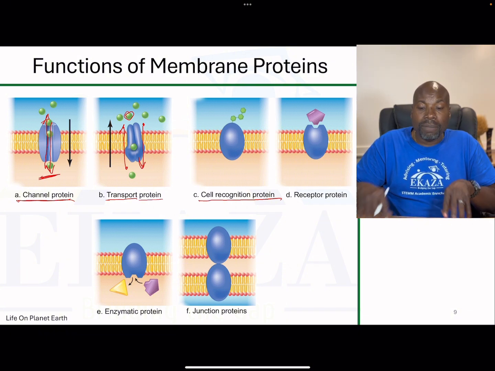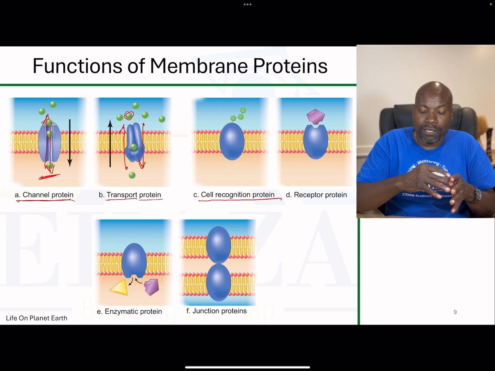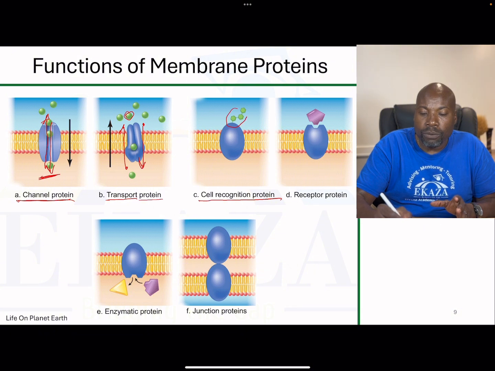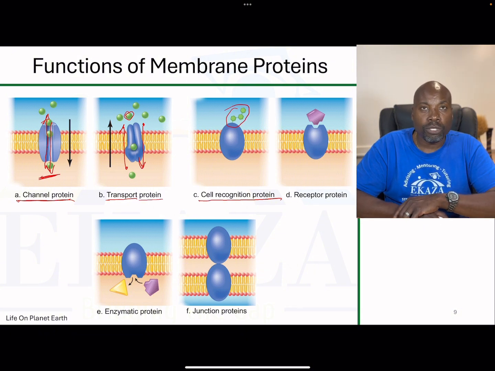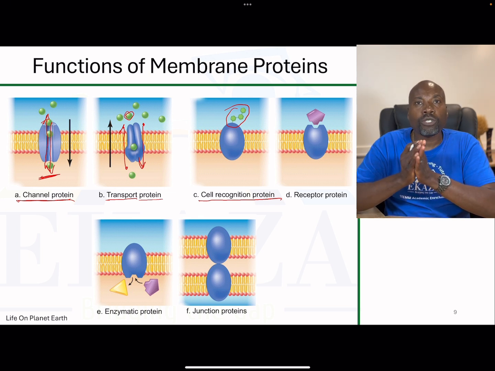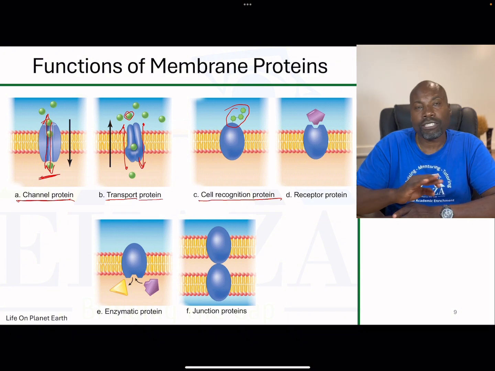Well, they know that because on the surface of each of the cells you have some proteins that are modified with a sugar residue that is very characteristic of the cell. A liver cell is going to be different from a muscle cell based on the surface markers. That's not the only difference though, right?